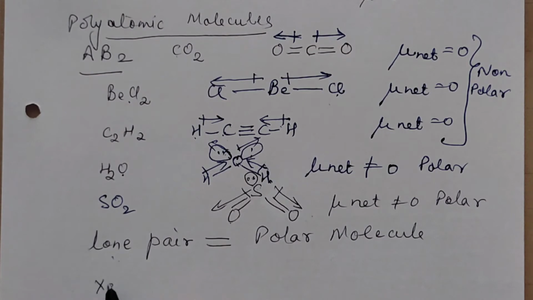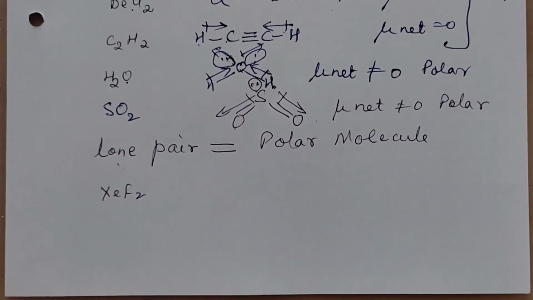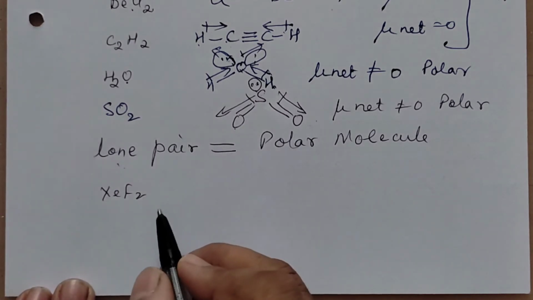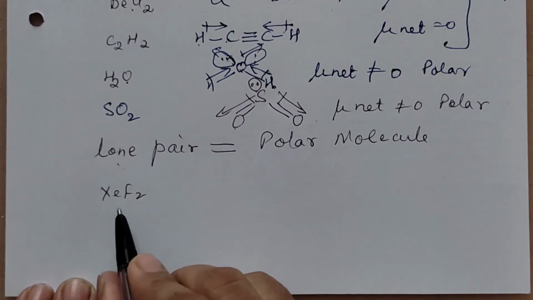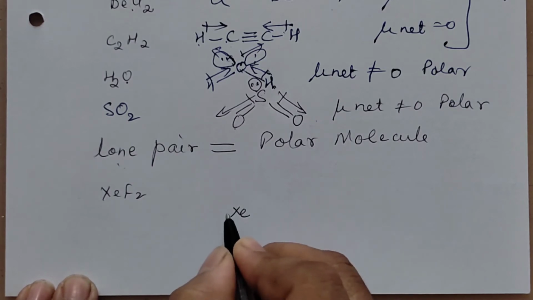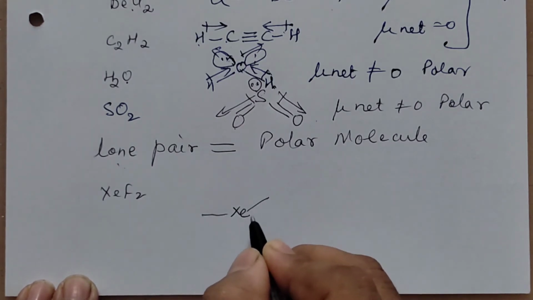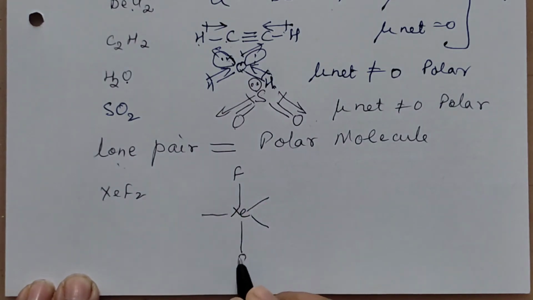Now let me also consider another example, XeF2, which comes under the category of AB2. But let's see what its shape is. It has linear geometry, but the total electron pairs as per VSEPR theory, when you calculate, include 3 lone pairs.